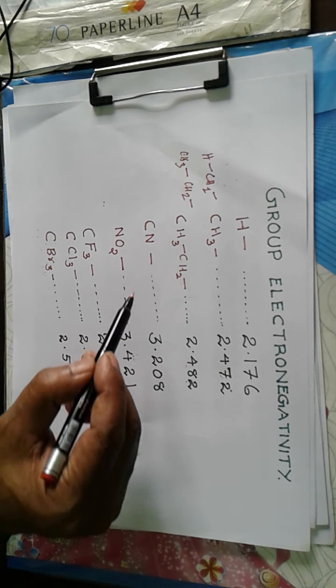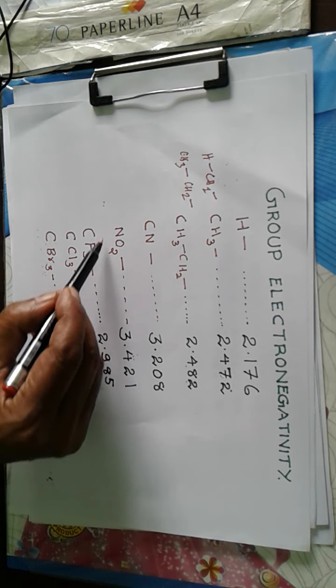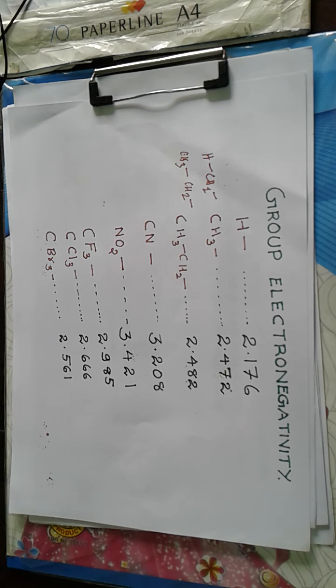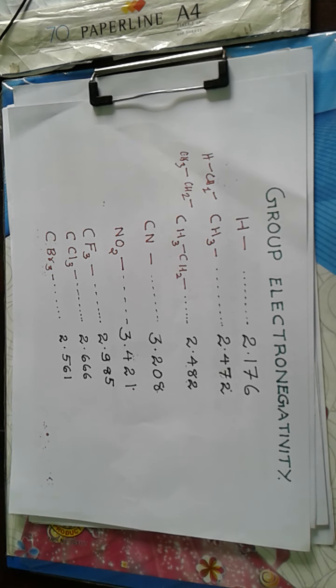Now the group electronegativity of the cyano group is 3.208. The group electronegativity of the nitro group is 3.421, which is higher than that of the cyano group. So the nitro group shows a stronger minus I effect than the cyano group. Then for the CF3 group, where in the methyl group we replace all the hydrogen atoms by fluorine, the group electronegativity is 2.985.